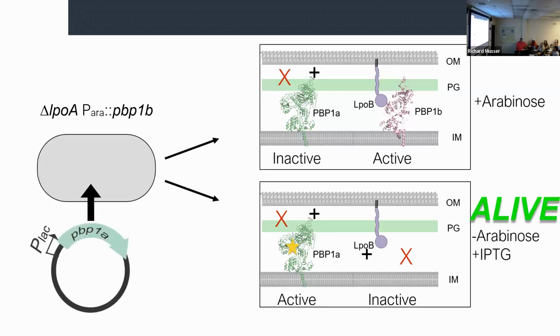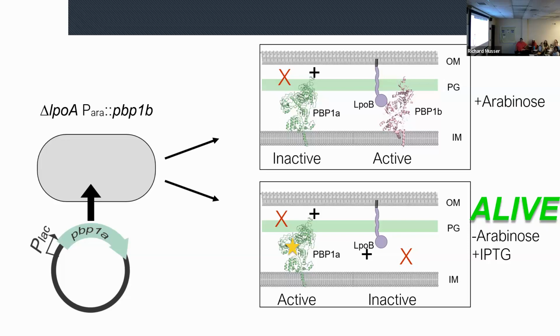Into this strain background, I can now introduce mutagenized PBP1A. And the only cells which will survive under the conditions where PBP1B is not expressed are those which are expressing a mutant version of PBP1A that can be active even though Lipo-A is not there.